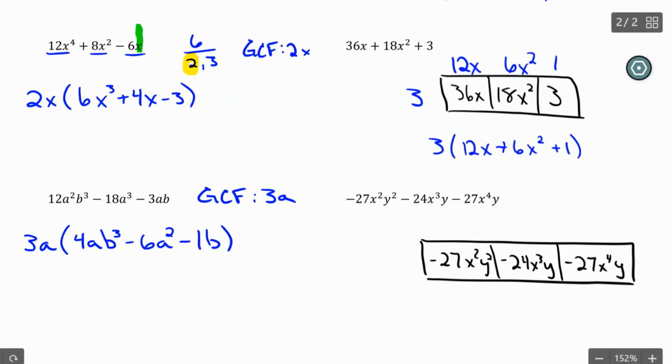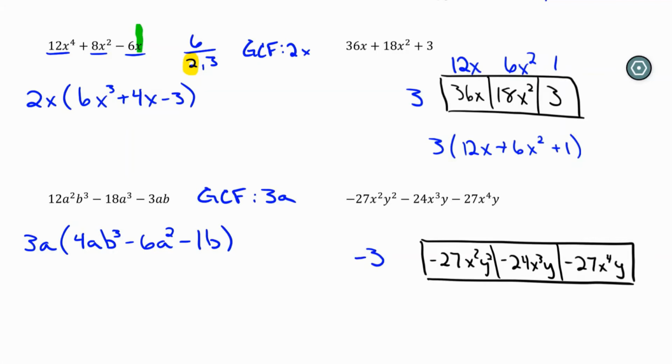Well, I know 24 doesn't go into 27, so what other numbers could they have in common? What other factors? And again, if you're not sure, you can always list these out or use your calculator to help you. Nothing wrong with that. The greatest common factor so far as the numbers go is going to be 3. And because everything was negative, I'm going to make it negative 3.